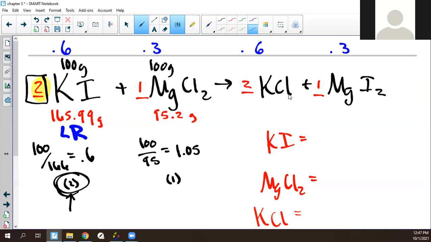So if I just pretend this is a 0.6, I just balance it. 0.3, 0.6, 0.3. You with me? This is going to be the shortcut. Now I know how many moles will be used and how many moles will be produced, and I know this is limiting. All I got to do is multiply those by their molar masses, and I'm out of here.